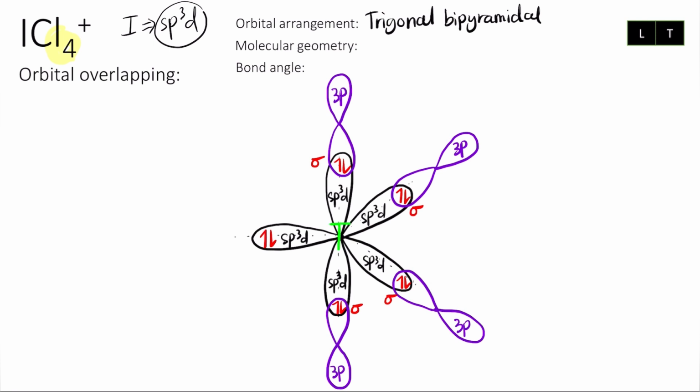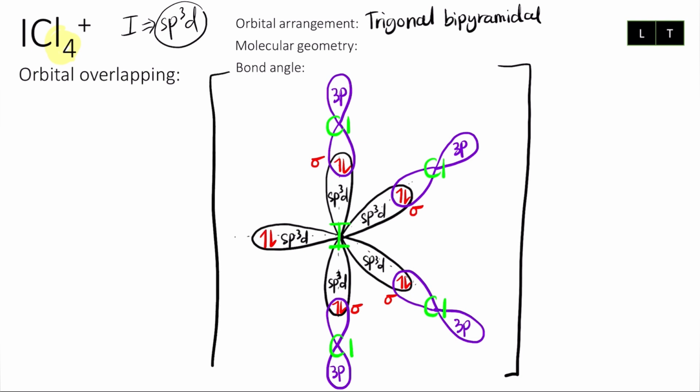So saya akan buat I. And dekat sini dia adalah Cl. Okay, so Cl. Awak kena faham, this one adalah ion, ada positive charge. So bila positive charge, dia konsep yang sama, kita kena letak dalam bracket the whole thing here. Okay, the whole thing here dalam bracket sebagai positif.